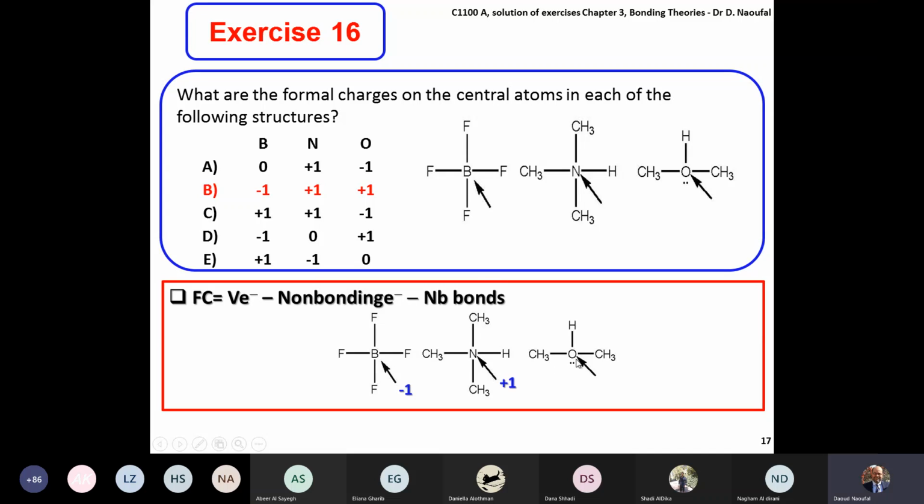And for oxygen, we have 6 minus 2 minus 3 bonds, so the formal charge is plus 1. So the sequence is minus 1, plus 1, plus 1, and the correct answer is B.